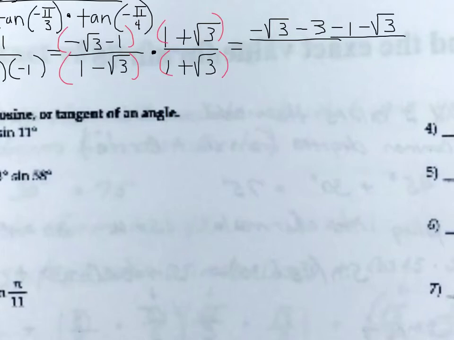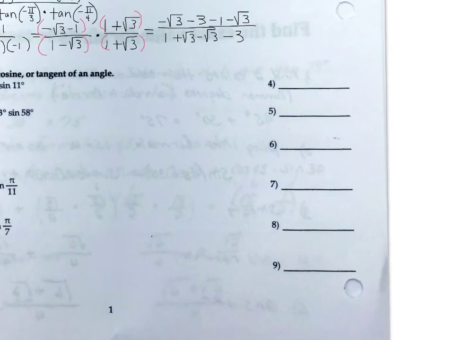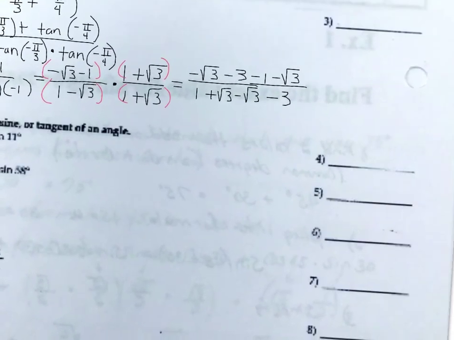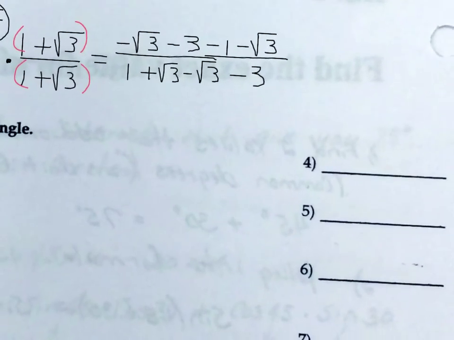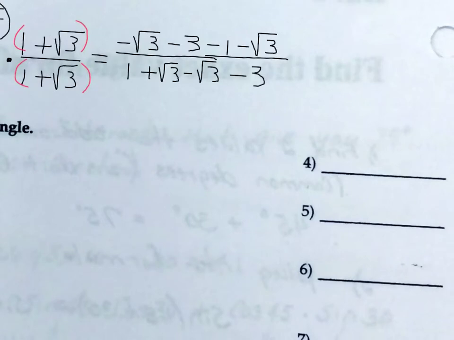On the numerator, let's multiply using FOIL. That would be 1 plus square root of 3 minus the square root of 3 minus square root of 3 times the square root of 3, which is the square root of 9, so it's minus 3. And that would be negative 2. Okay, so I cancel out the square root of 3's.